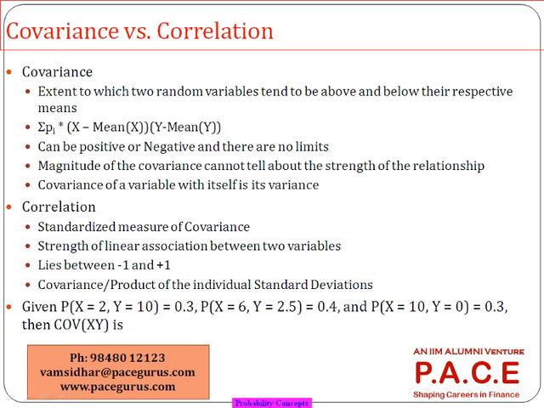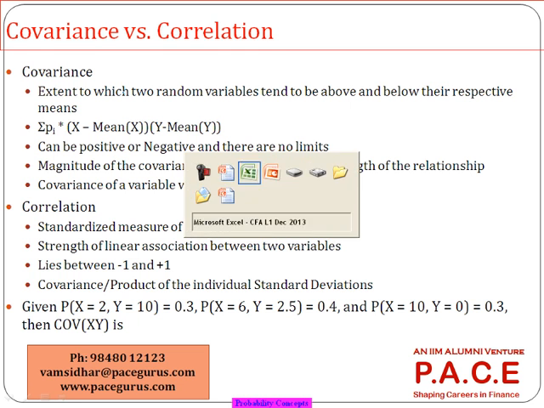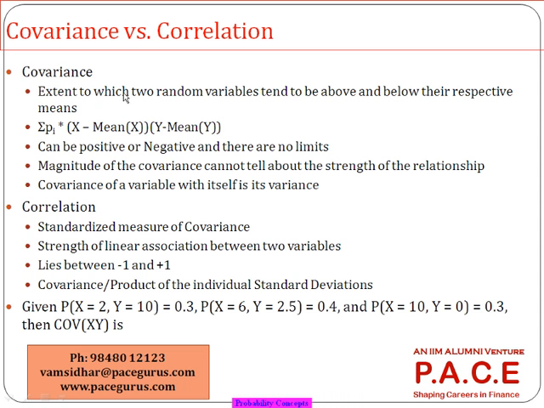Only the sign is what we take from a covariance. So if I want to know whether it is high or low, we divide the covariance by the product of their individual standard deviations, and that is what we call correlation.